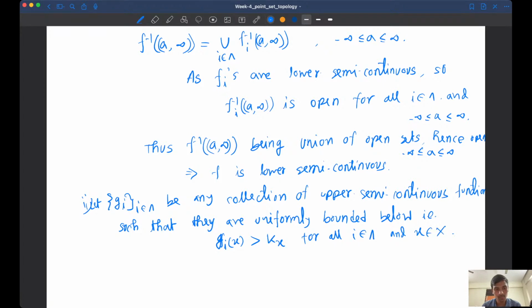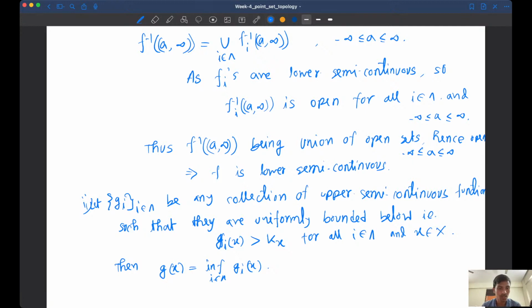Then define g(x) to be the infimum over i belonging to lambda of g_i(x). This is a well-defined function from X to R, because each of these is bounded below by k(x), so the infimum exists.